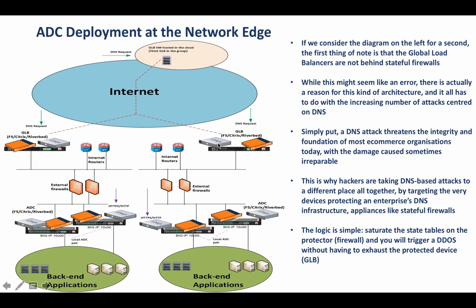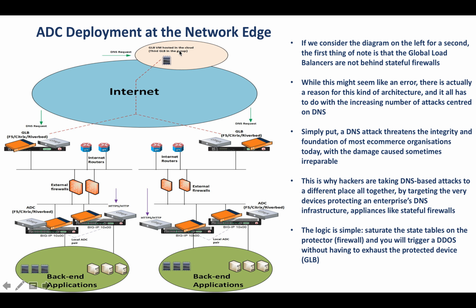Another global load balancer in data center 2. And a third, which is acting as a VM in data center 3, which in this scenario is the cloud. Obviously you can have a third data center physically, but because this is a cloud session and we're trying to promote usage of the cloud, we've put one in the cloud.